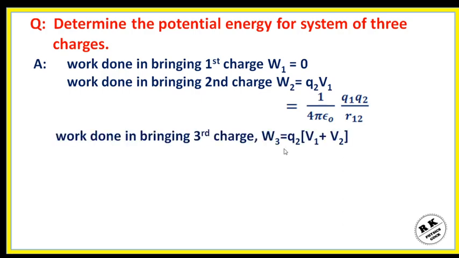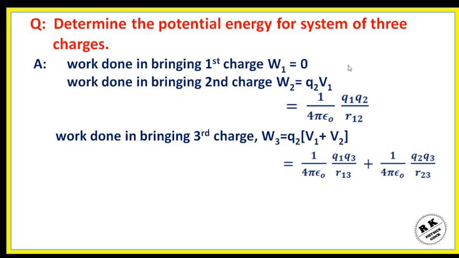Similarly, if we bring the third charge into that assembly, W3 is equal to Q3 times (V1 plus V2). If we expand this, it will be 1 by 4 pi epsilon naught Q1 Q3 by R13, and 1 by 4 pi epsilon naught Q2 Q3 by R23.